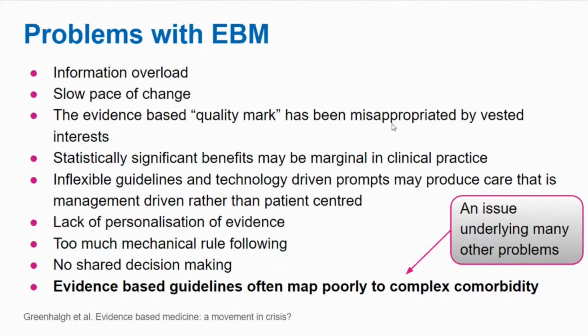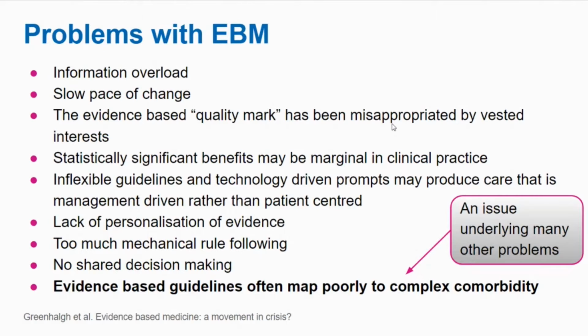I won't read them all out, but they range everything from information overload through to lack of shared decision making. And jumping to the last one, evidence-based guidelines often map poorly to the real world of complex comorbidity, which is important because we feel that this is an issue underlying many of the other problems that you see. And so the reasons why guidelines are inflexible, rules mechanical, prompts technology driven, is because of comorbidities.